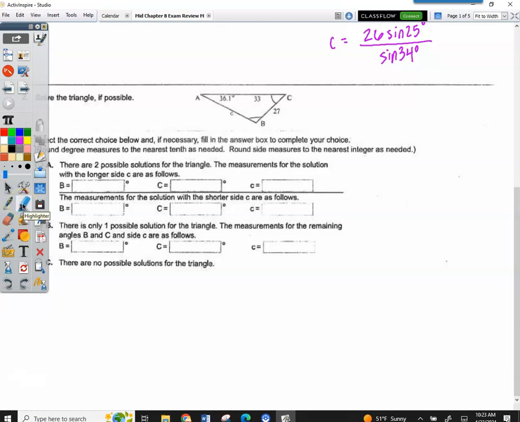Highlight the side you know. When you first look at this, you might be thinking the 33 looks weird. That's because they pushed it into the triangle because they couldn't squeeze it in that space there. But that 33 is actually a side measure.